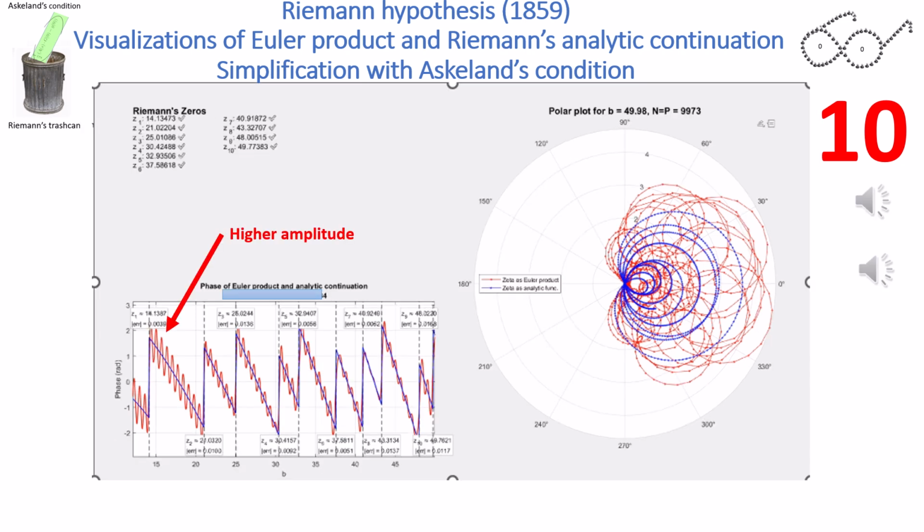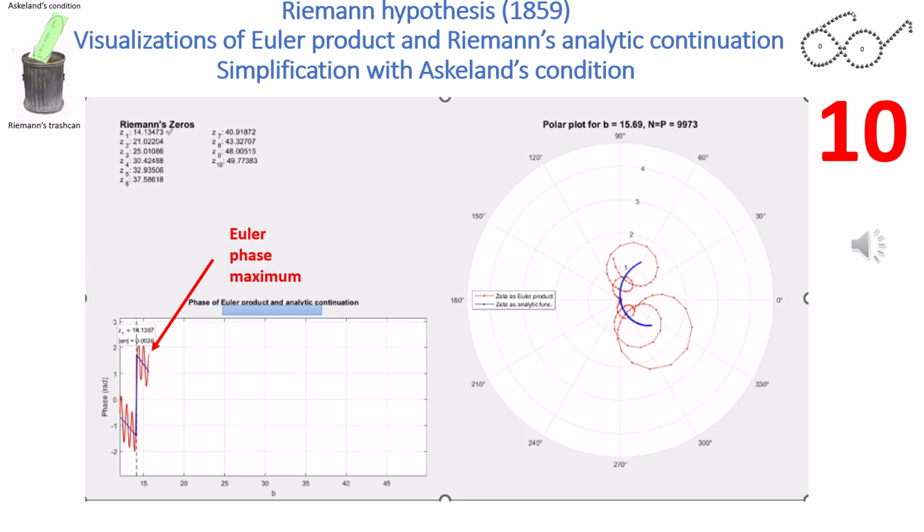We get the same zeros, but now the amplitude of the phase oscillations of the red phase plot has increased. Here you can see that the Euler phase reaches a maximum.